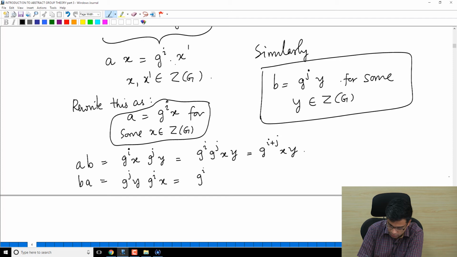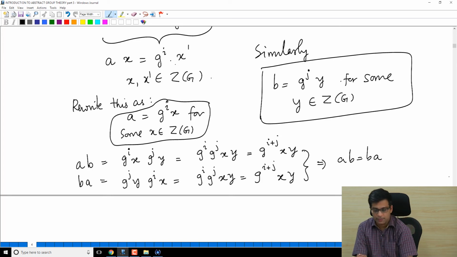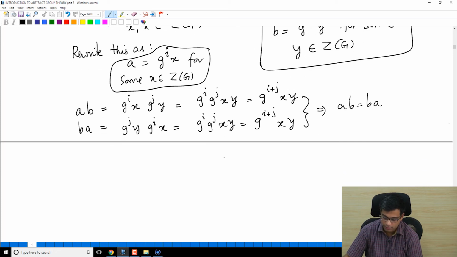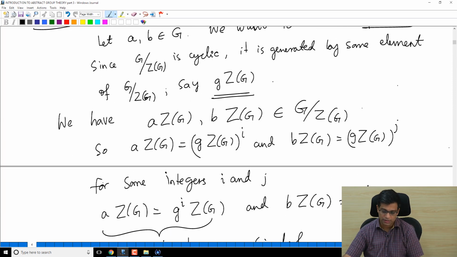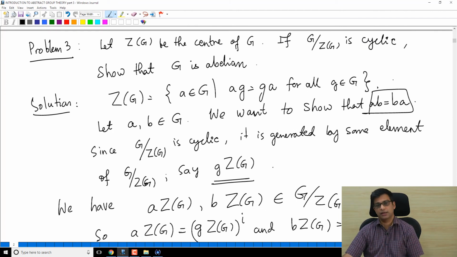Again, using the fact that x and y are in the center, AB equals BA. I am using the fact that g power i times g power j is g power i plus j, and x and y are in the center. So this shows that because A and B were arbitrary elements of the group and they commute, G is abelian. So if G mod the center is cyclic, G is abelian.